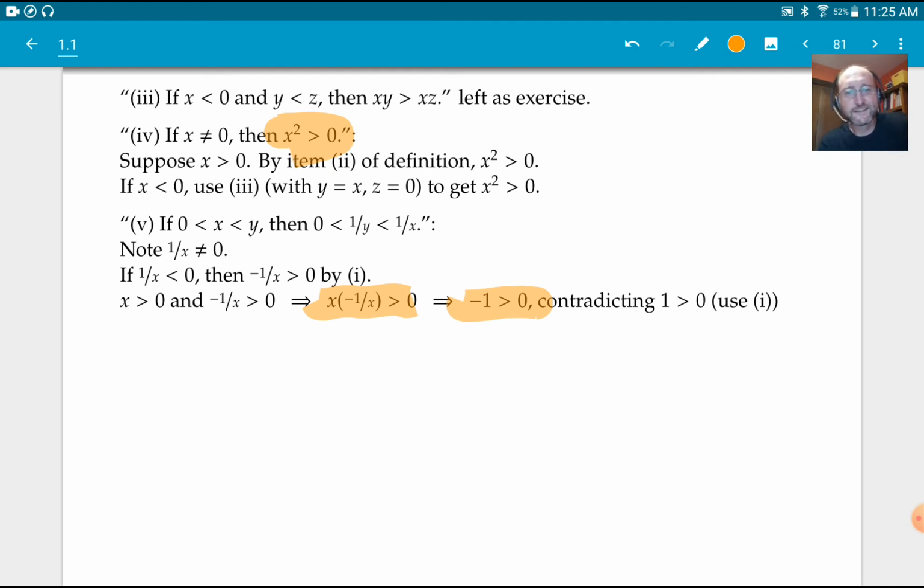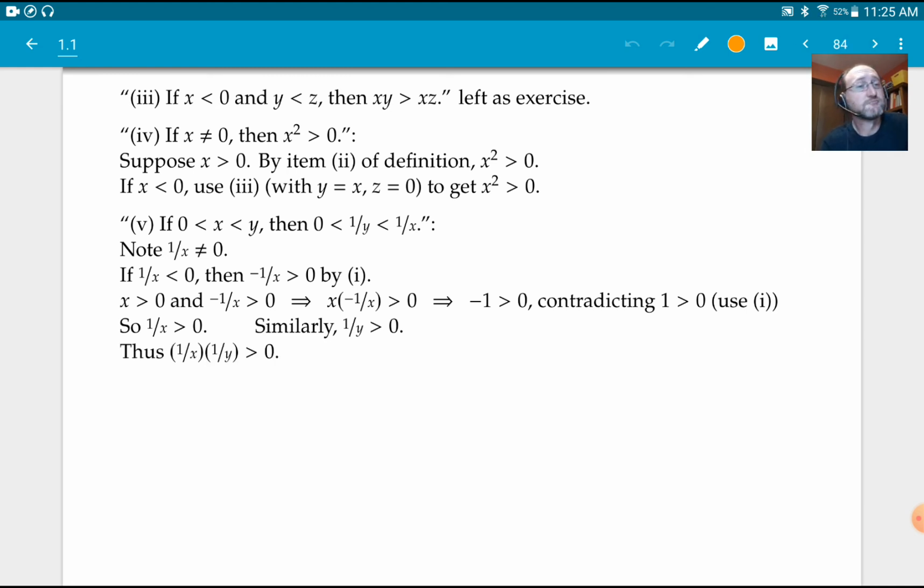And I would get that 0 is bigger than 1, and that's not possible. So that means that 1 over x is not 0, it's not negative, it has to be positive. And similarly, 1 over y is positive. If I multiply them together, I get a positive number.